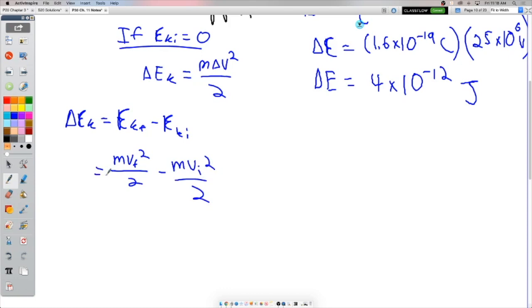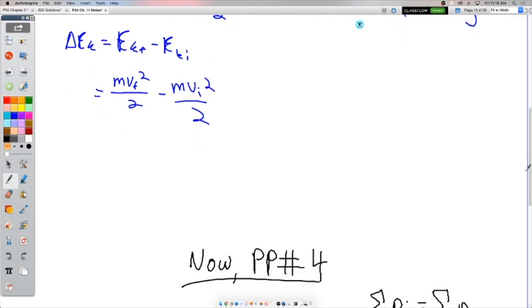Then I'm just going to pull out m over 2 as a common factor. I can do that, and there is where it breaks down. The difference of these squares is not the same as the difference. It's only true if you have 0 as your initial.